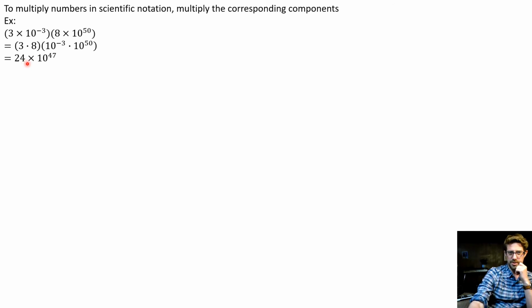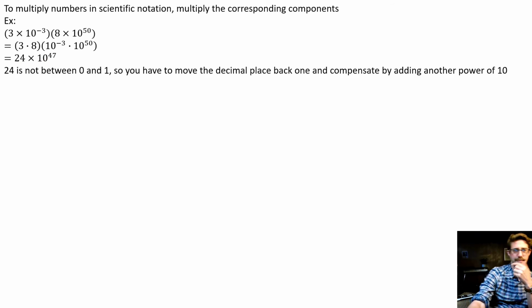If we want to take this decimal place 1 back, we have to compensate by pushing this 1 forward. Okay, so if you move the decimal place back, you need a bigger power of 10. Like that, 2.4 times 10 to the 48th.